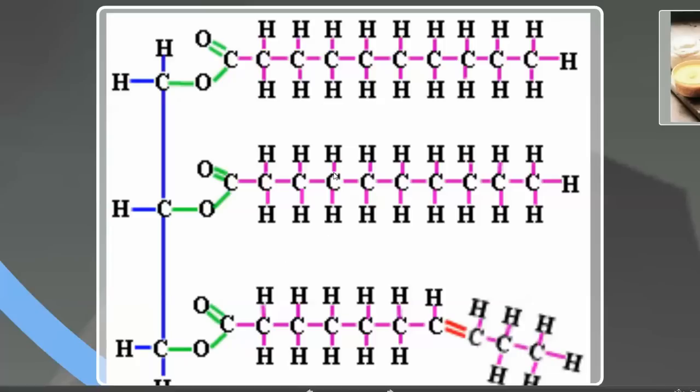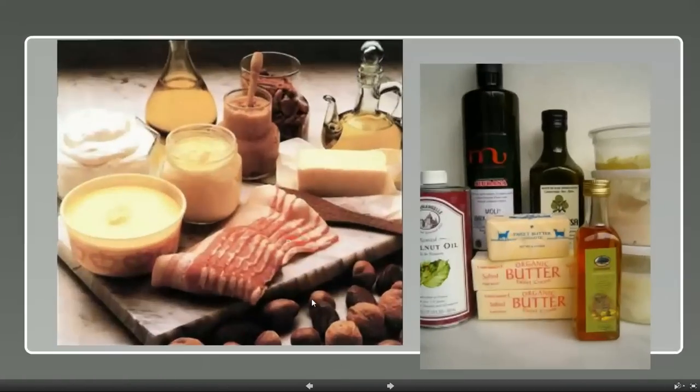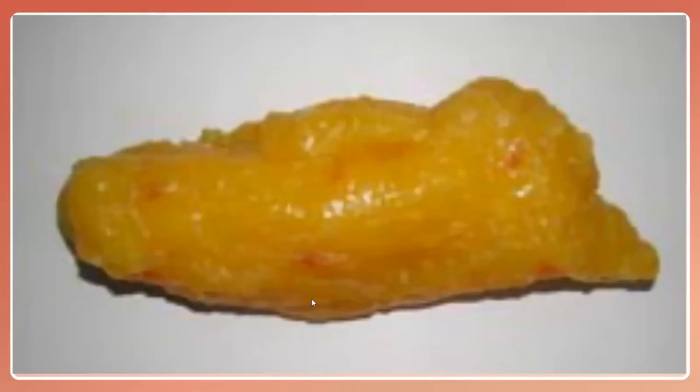So those are different types of lipids. If you want examples, your fats, oils, butters, meats, nuts, there's oil and fat in those things. If you want to know what an actual piece of fat looks like, it's right there. That's just a hunk of fat if you're wondering what they look like.